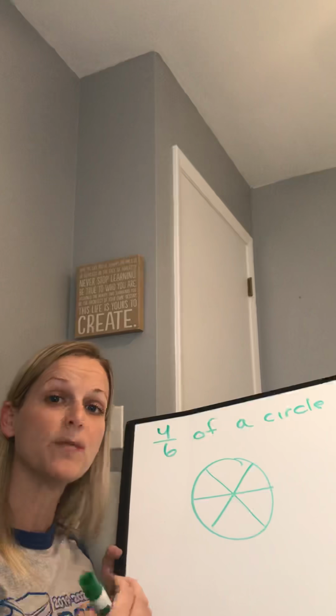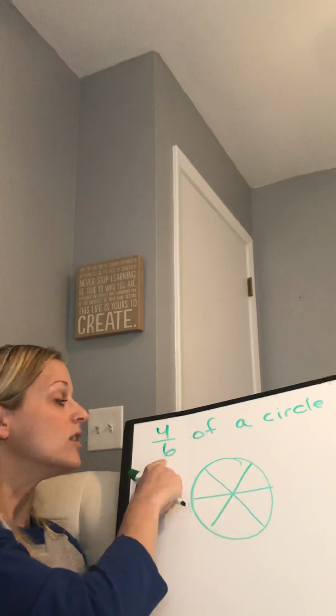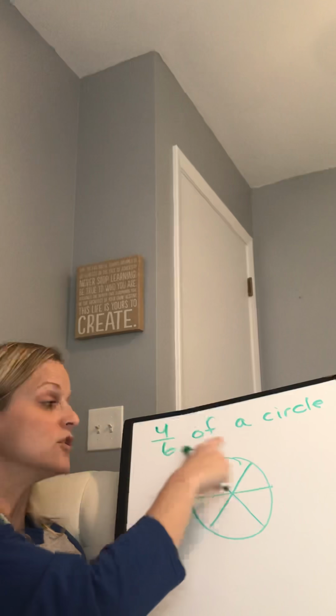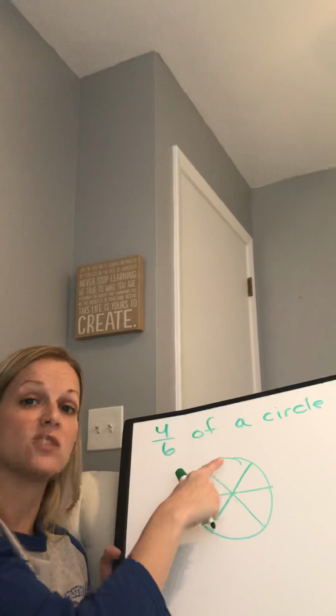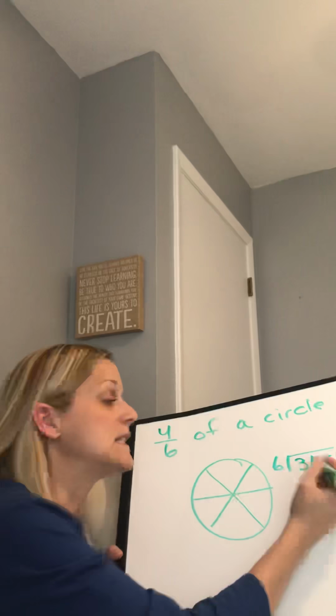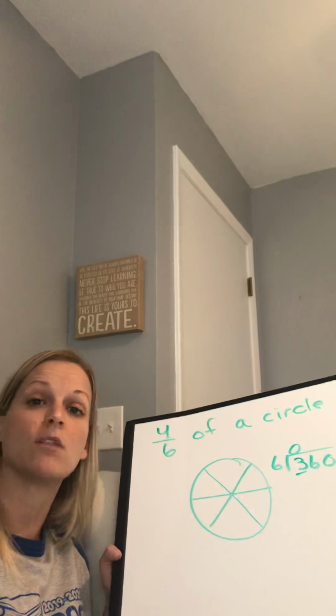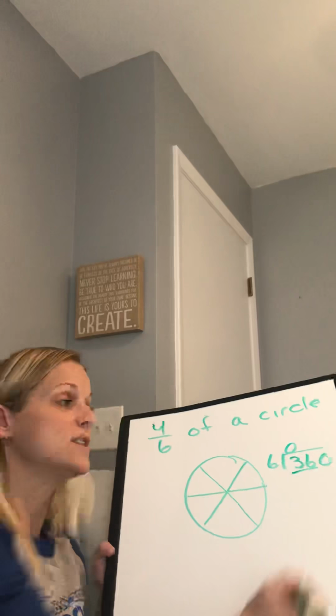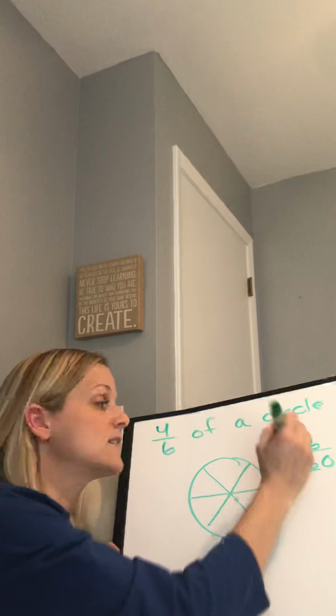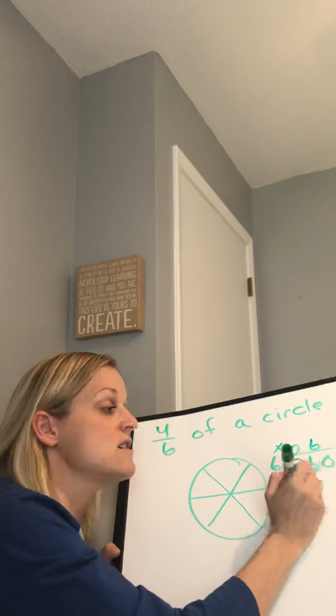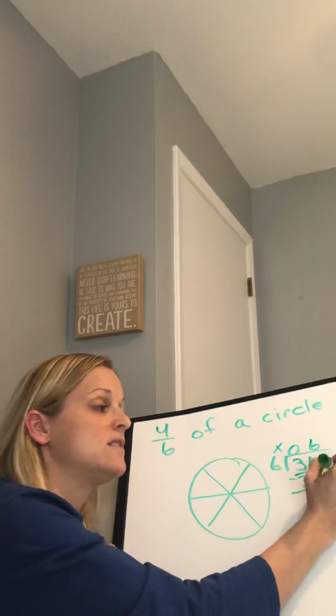Remember, step 1, divide 360 degrees, the total amount of degrees in a circle, by the denominator. So I'm going to do 360 divided by the denominator of 6. 6 cannot go into 3. I put a 0. 6 can go into 36 6 times. 6 times 6 is 36. 36 minus 36 is 0.